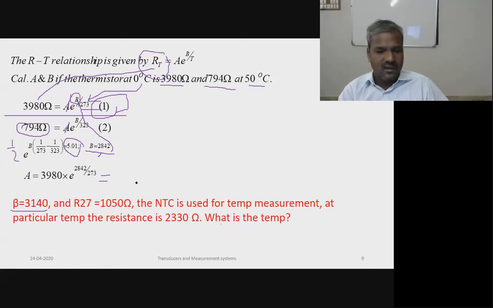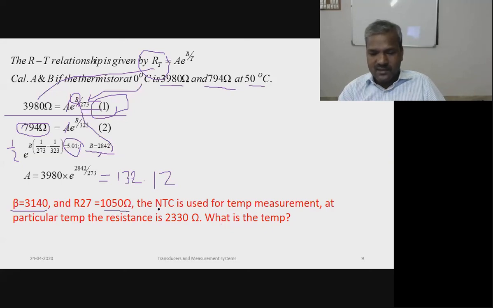Very good, Harsha. Another thermistor has a beta value 3140 and resistance at 27 degrees Celsius is 1050 ohm.